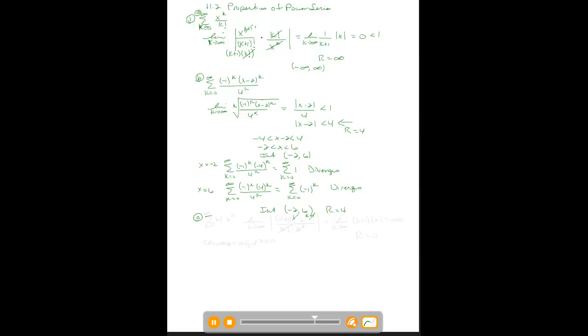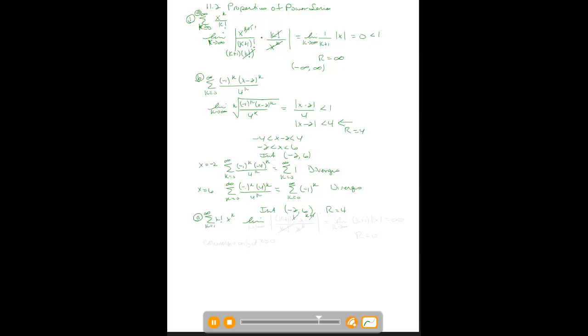Part C, the summation k equals 1 to infinity of k factorial x to the k. I think the ratio test would be good, and the ratio test is very easy to use when you have factorials.